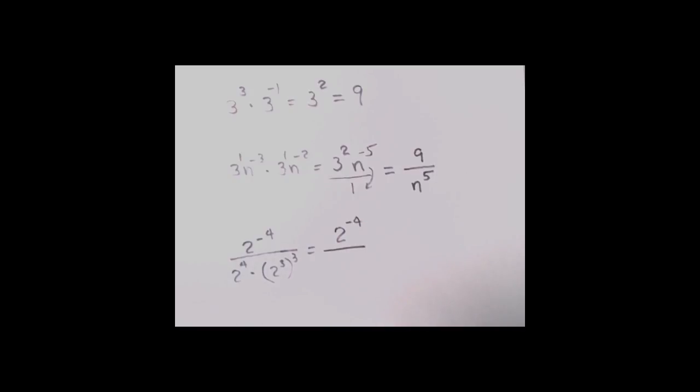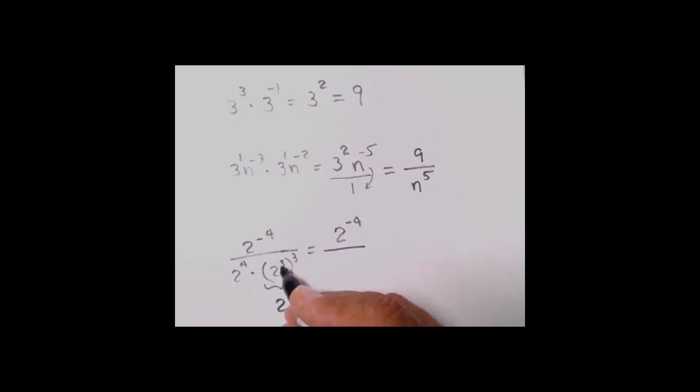Okay. Now, downstairs here, notice we've got a power to power. Anytime you have a power outside a set of parentheses, you need to do that power to power first. Then you can use the product rule. Well, remember, power to power means we multiply the exponents.